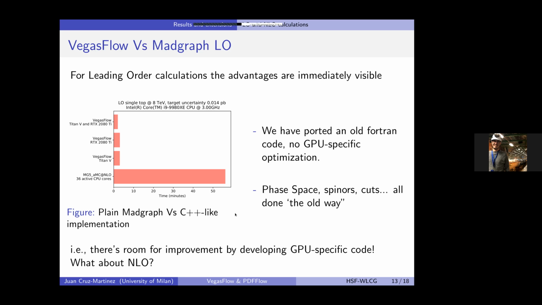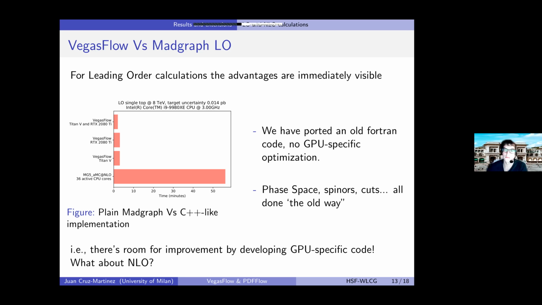Okay, but it's not really possible to extract the bottom row here, for the VegasFlow code, if you see what I mean. Like you don't have any feeling for whether, if you ran the C++ code on 36 cores, it would be drastically different to what you get out of the box from MadGraph or not.